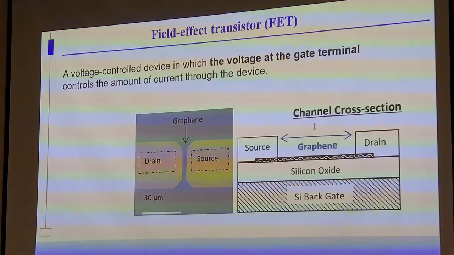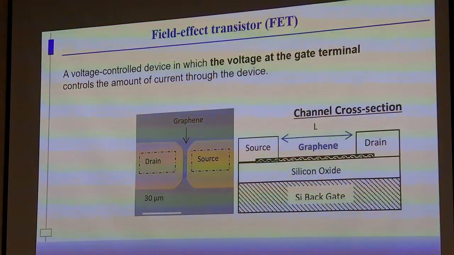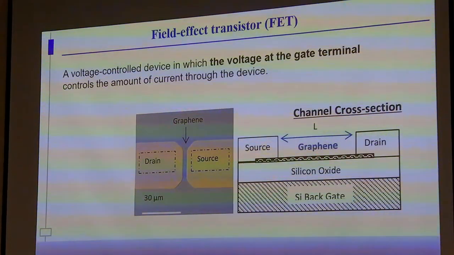Here is a simple example. You will have a source, drain, and between these two, you will have the graphene. It's a 3D structure. Here you can see a graphene panel, and on the bottom you may have a back gate. So source, drain, this is your conductive channel, and you will have a gate here. That is how a standard, very simple FET looks like.